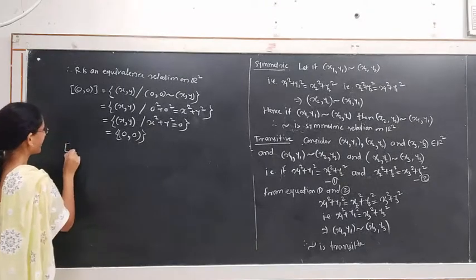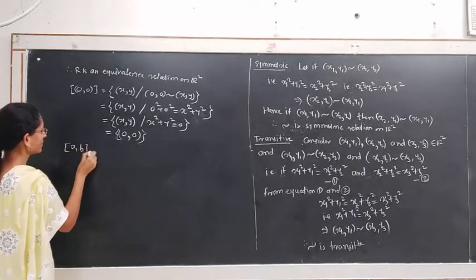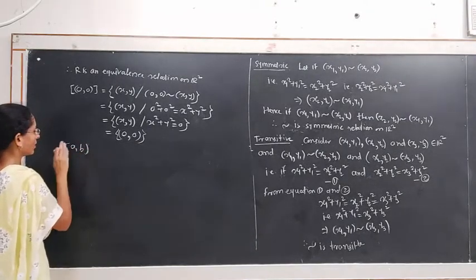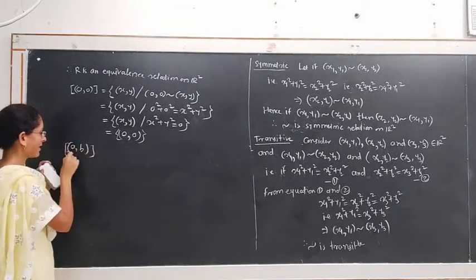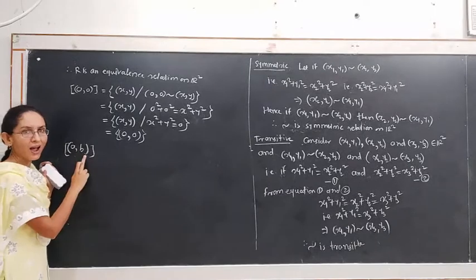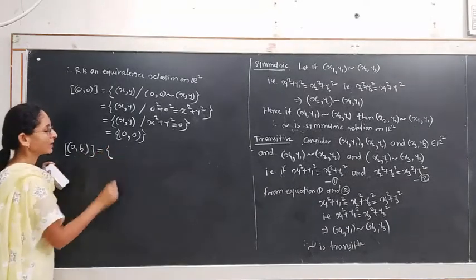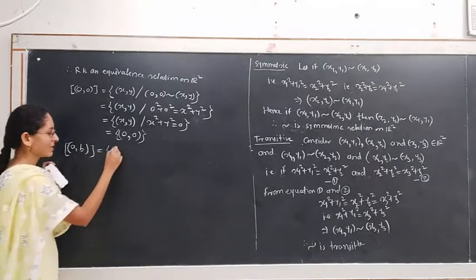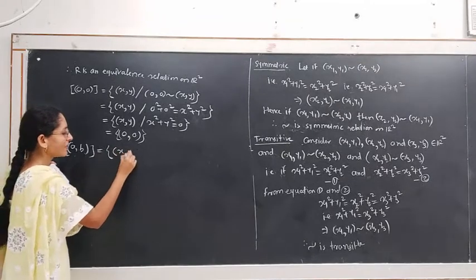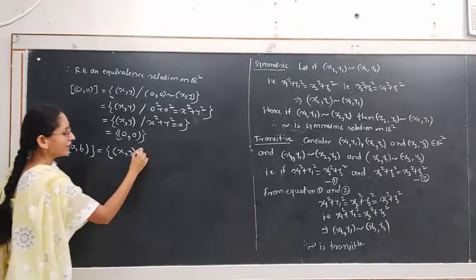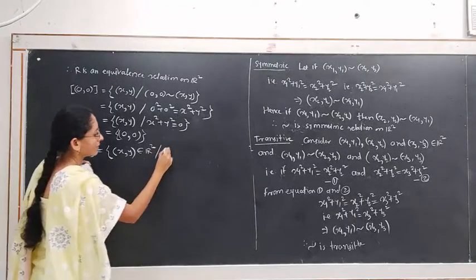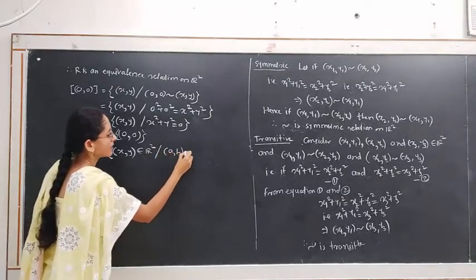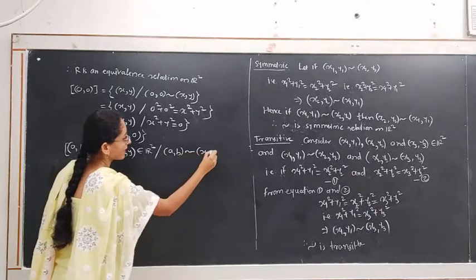Now we find the equivalence class of (a, b). If a and b are two real numbers, then we find the equivalence class of this point in R2. The definition of equivalence class is the set of all elements (x, y) in R2 where the ordered pair (a, b) is related to (x, y).